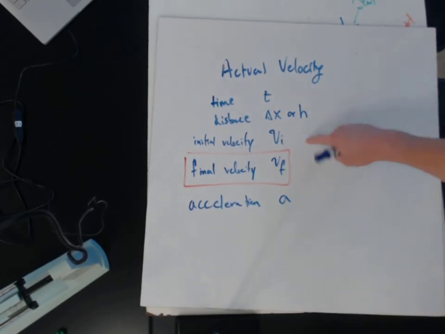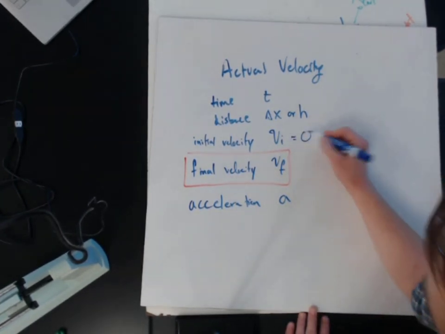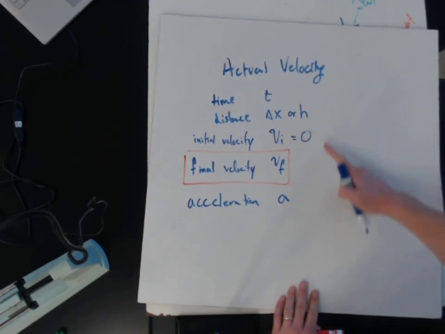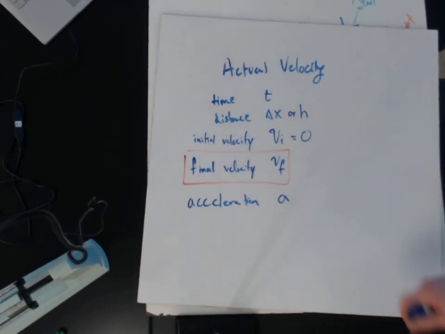The initial velocity we know is 0 because we start from rest. So you could use these three pieces of information to directly calculate your final velocity. You can also figure out what the acceleration is. It's up to you how you want to go about doing that. But once you get a value for the actual velocity, which would be your vf here, we want to compare that to the prediction made by using conservation of energy and try to draw a conclusion from that.